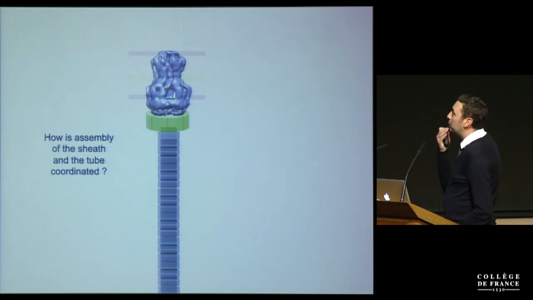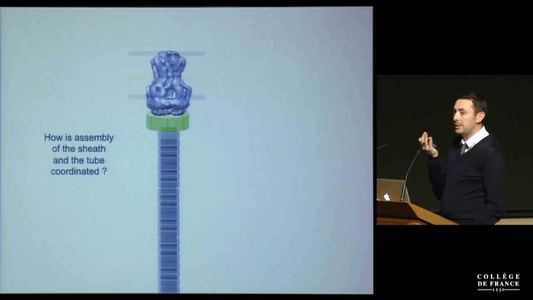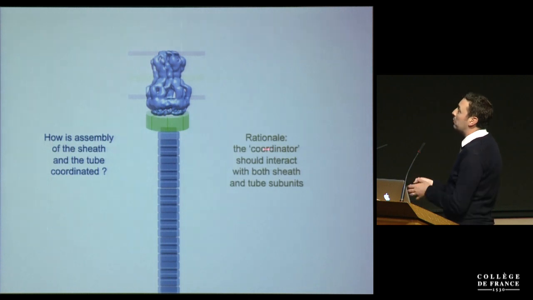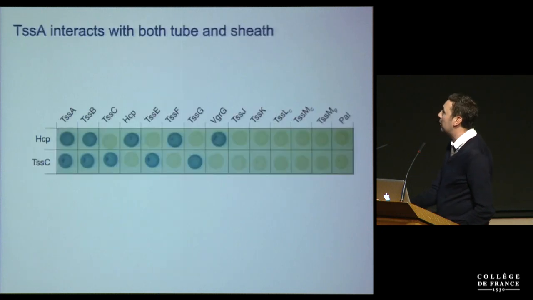And to do that, we make a hypothesis that one protein in the system will act as a coordinator for that. So if there is a coordinator, it means that this protein should interact with both the sheath and tube subunits.